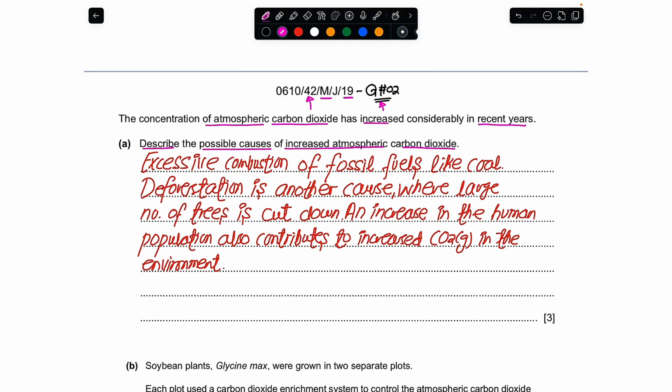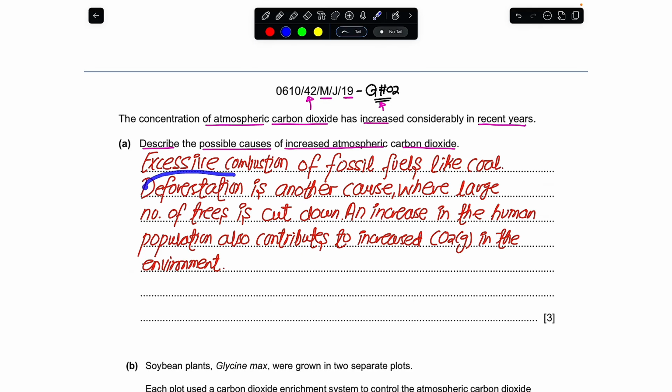Now, the idea is very simple: he wants us to tell him the possible causes that have resulted in an increased carbon dioxide concentration. So you know that whenever we have fossil fuels and bring about their excessive combustion, like gasoline in automobiles, or if coal is being burned, this would lead to increased carbon dioxide in the environment.